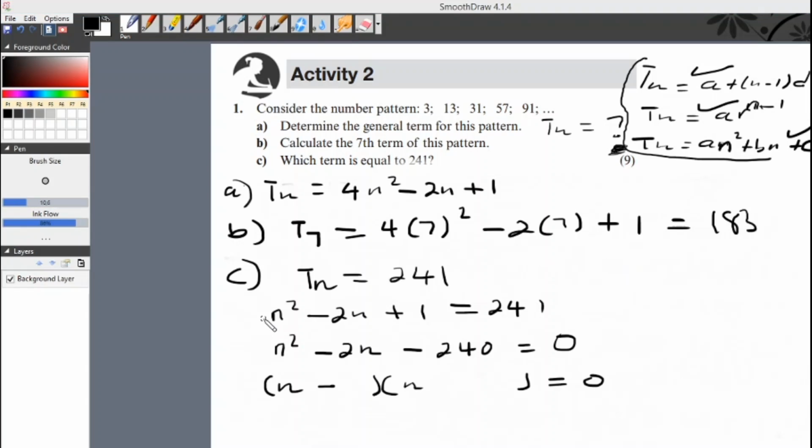Oh, I made a mistake here. Here I should have 4n squared. Oops, 4n squared, sorry. I should have 4n.